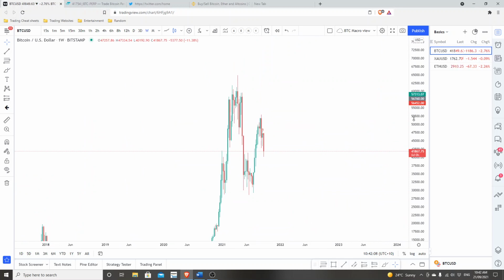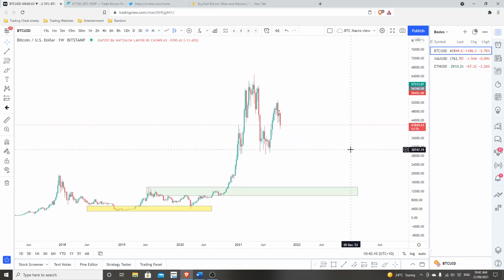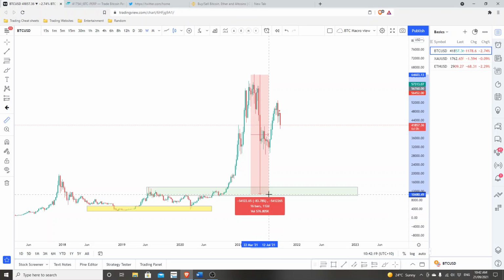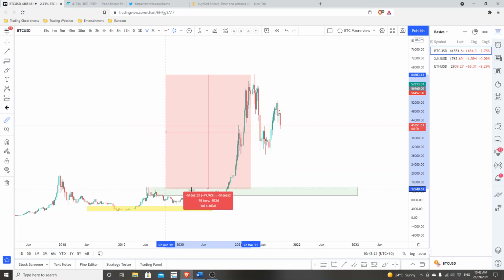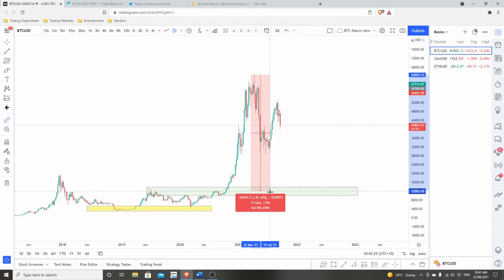So, if this is the top, and there's definitely arguments for that, where is that 82 to 86% on Bitcoin? Oh, green box. We might even go lower, but there's a lot of support across here. So that's my area.